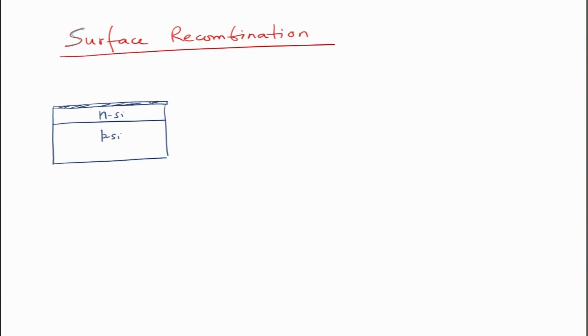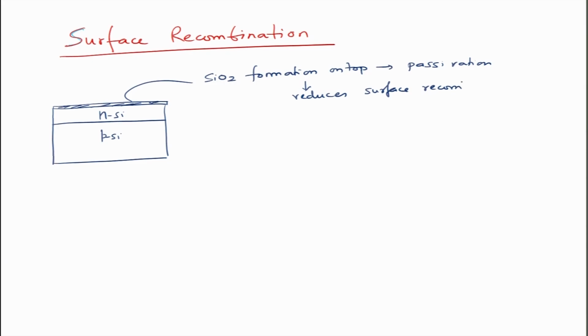This is SiO2 formation on top, a thin layer of silicon oxide, which leads to surface passivation by suppressing the dangling bond density. So, that reduces the surface recombination.